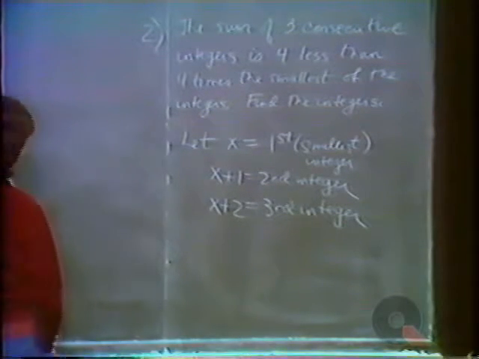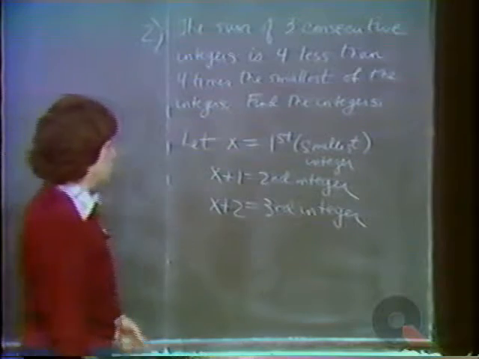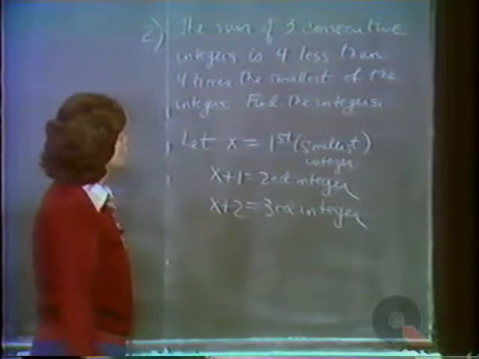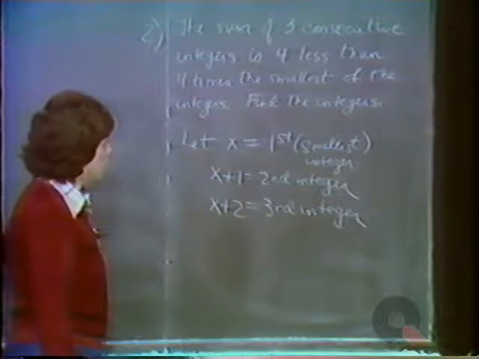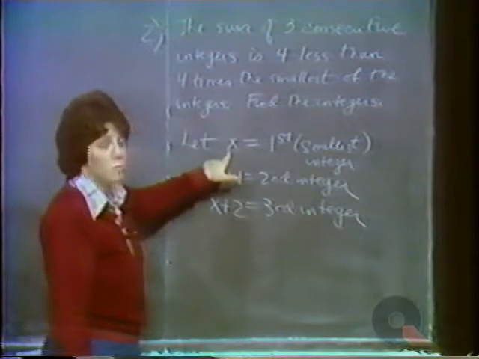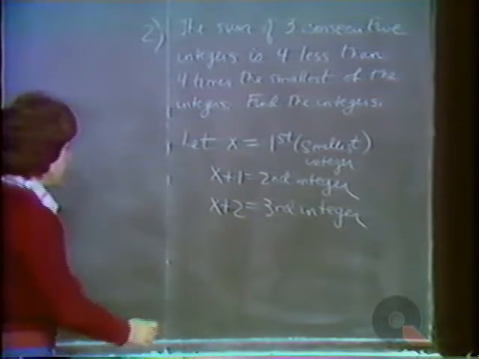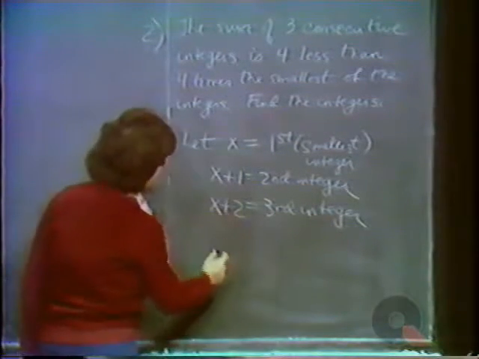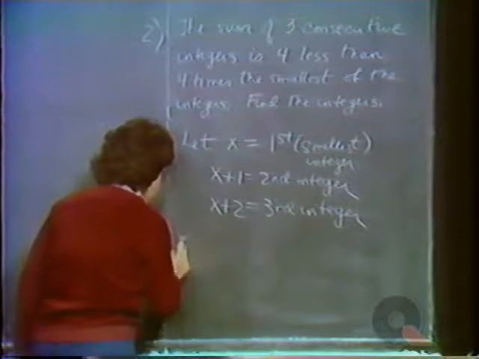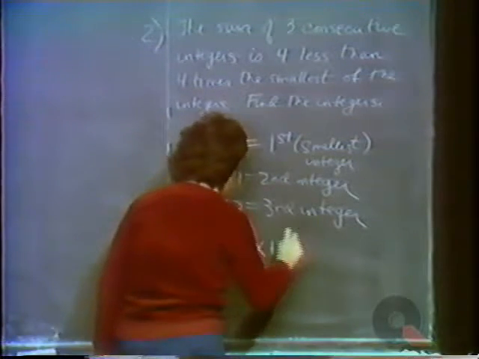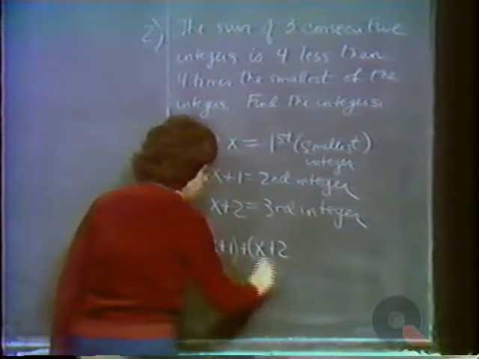It says the sum of 3 consecutive integers, the sum means you'd add up this, this, and this, should be 4 less than 4 times the smallest. This is the smallest, the first in the sequence. Okay, so let's write that down. The sum of 3 consecutive integers, the first plus the second plus the third. You do not need the parentheses here.